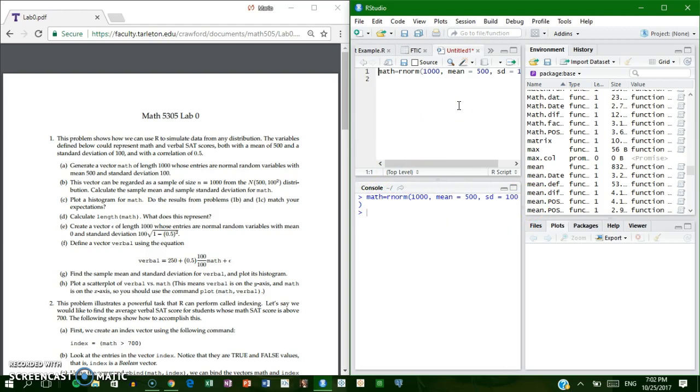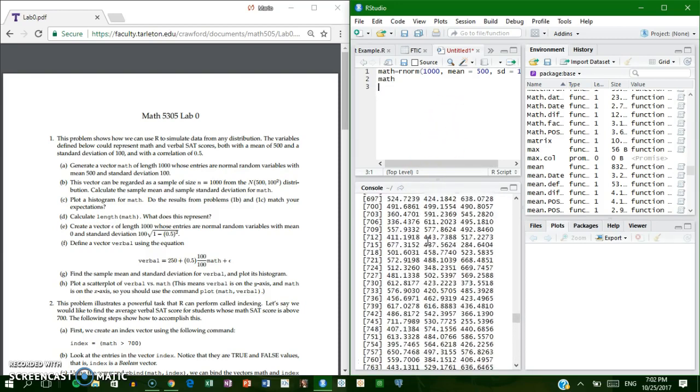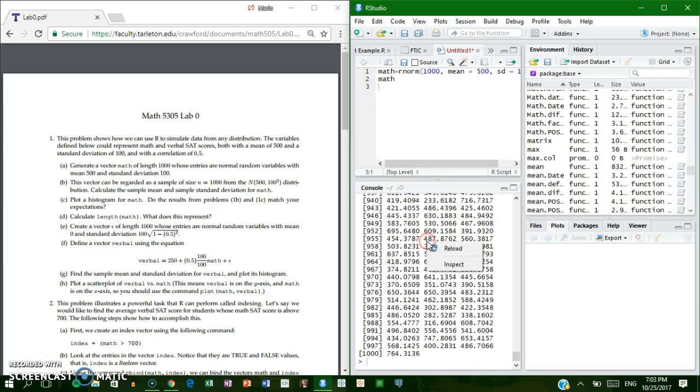Then you type in math and press Ctrl Enter, and there we have the 1000 random variables that were generated. So that was part A. Part B says this vector has size n, mean 500 and variance 100 squared, which is 10,000. We know that already.